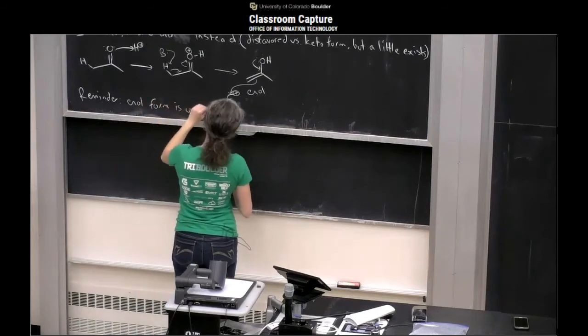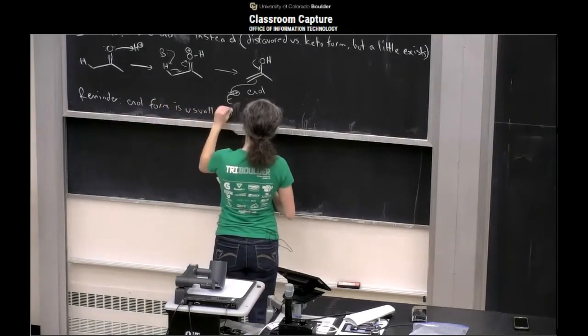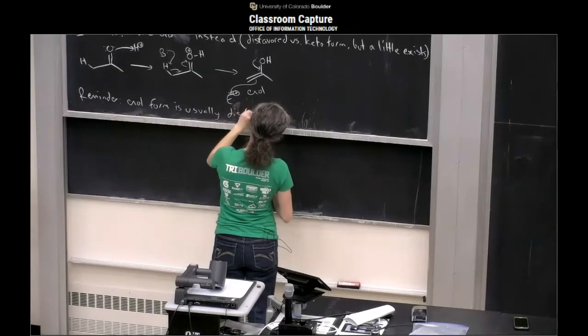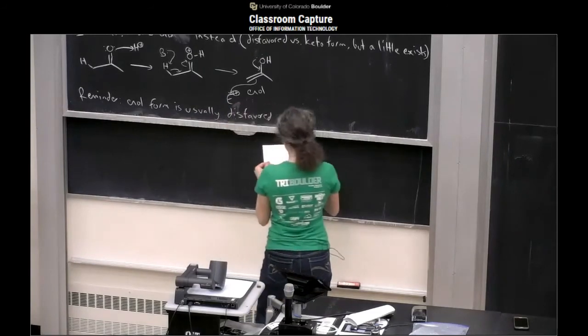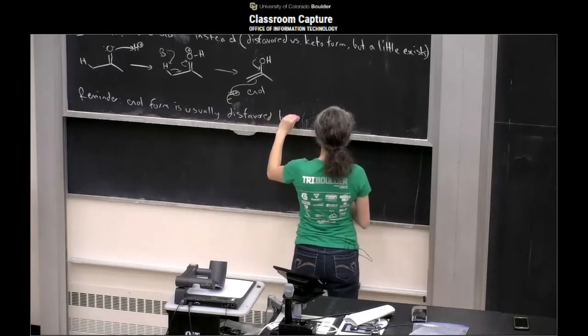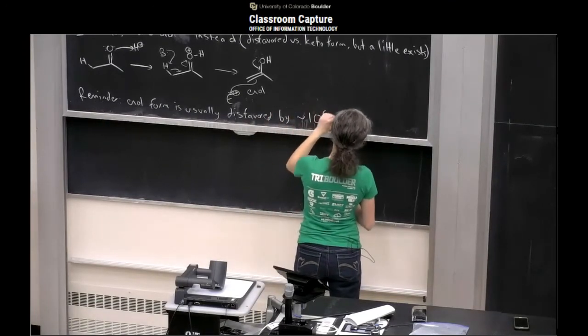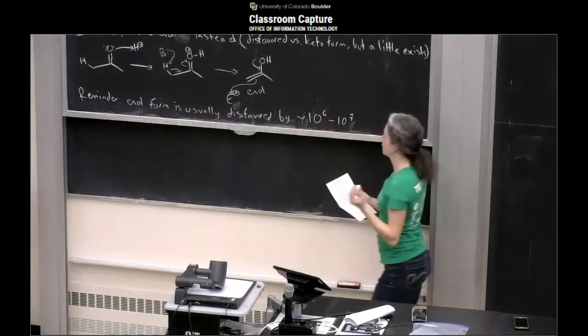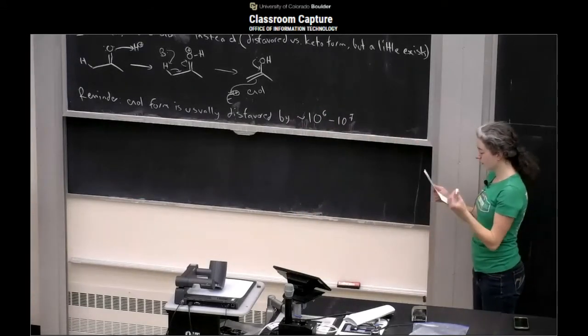The enol form is usually pretty disfavored, by a factor of about 10 to the 6th or 10 to the 7th for most standard ketones and aldehydes.